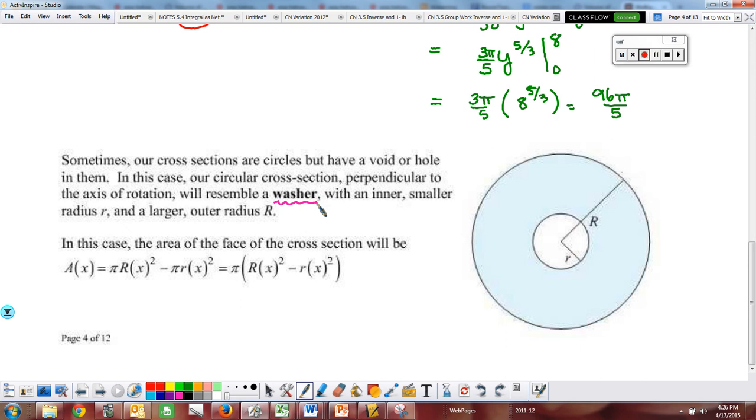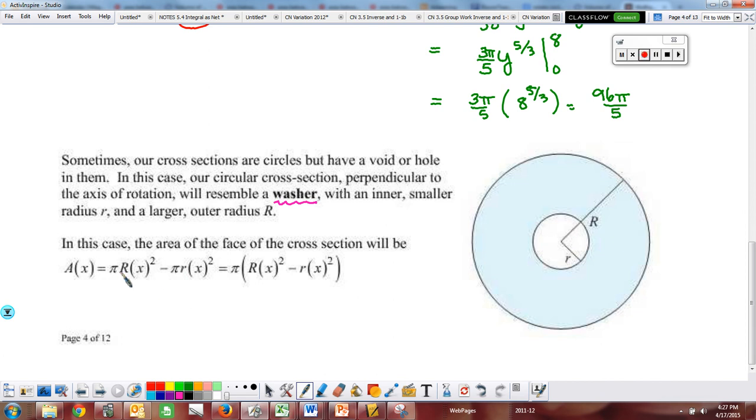Okay, so I'm going to highlight the word washer. A washer is nothing more than a disc with a hole in it. So when we are doing our area, you've got to take the big prism area minus the hole. So it's the whole thing minus the hole.